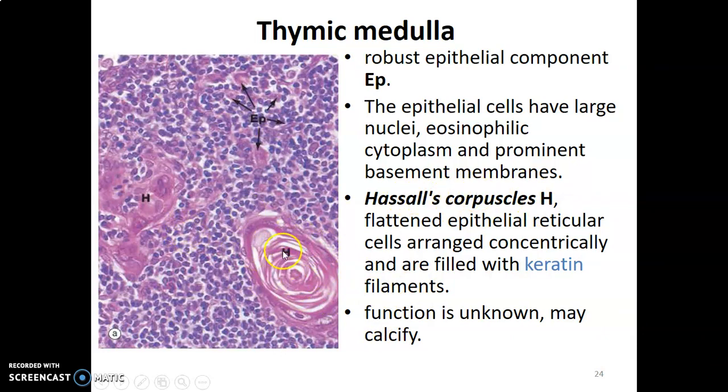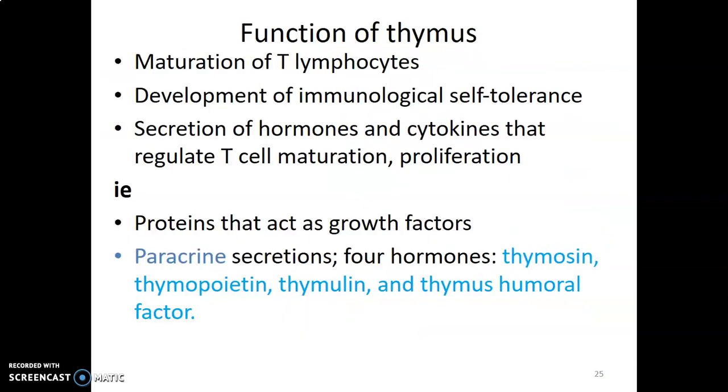You can appreciate this is a Hassall's corpuscle, where you have flattened epithelial reticular cells, usually arranged concentrically and filled with keratin filaments. So the medulla is formed of light staining cells, mainly the epithelial cells, flattened and filled with keratin to form the Hassall's corpuscles. The function of these is unknown, but they tend to calcify.